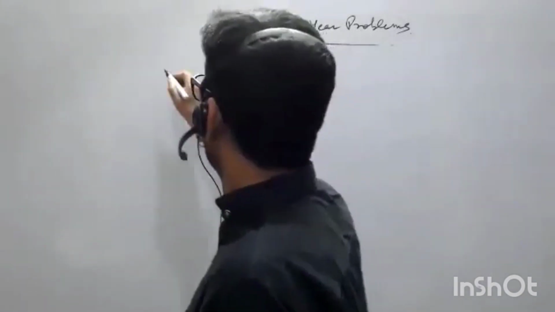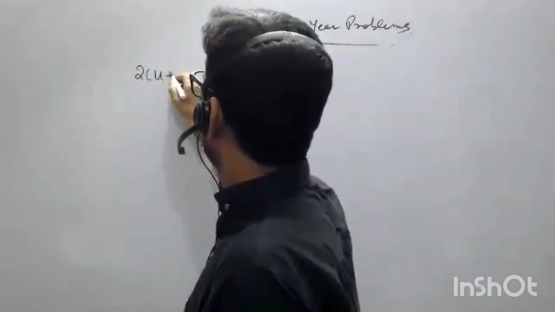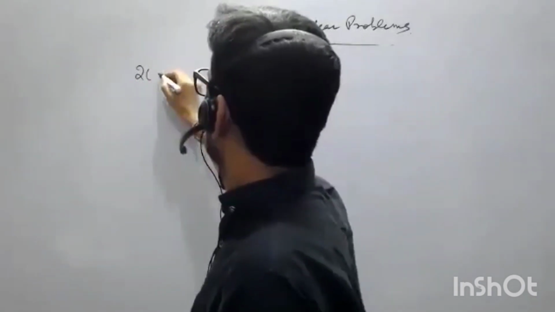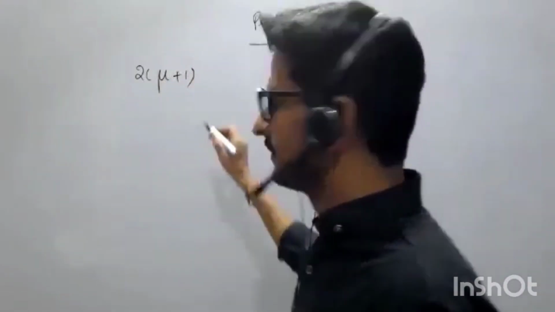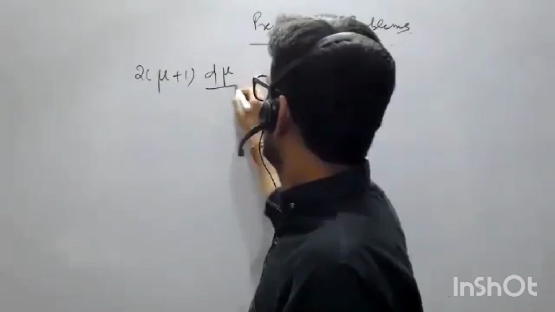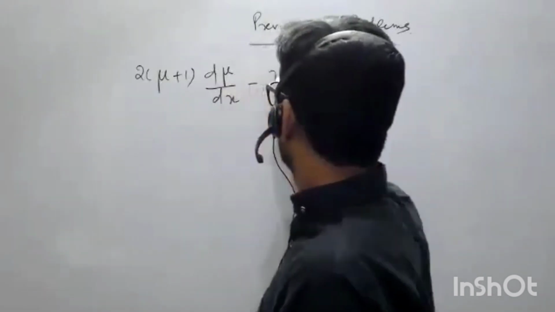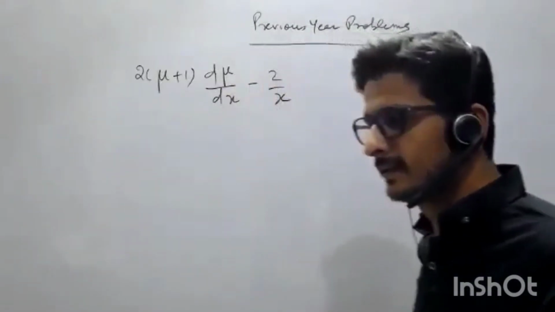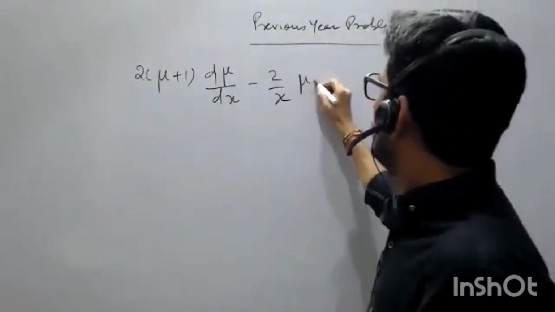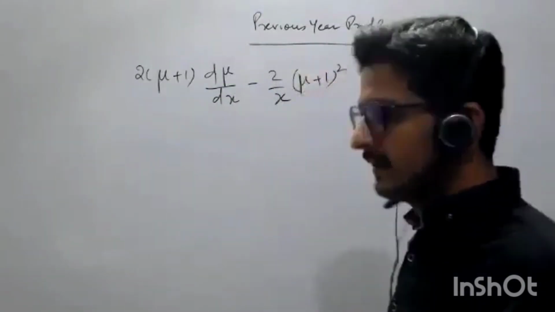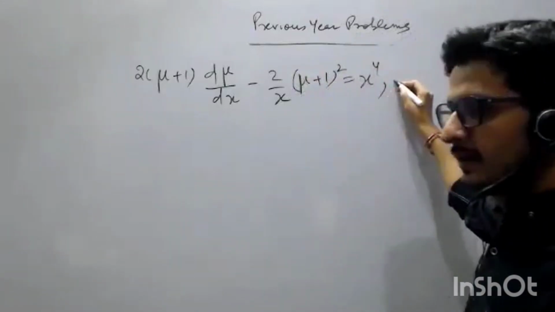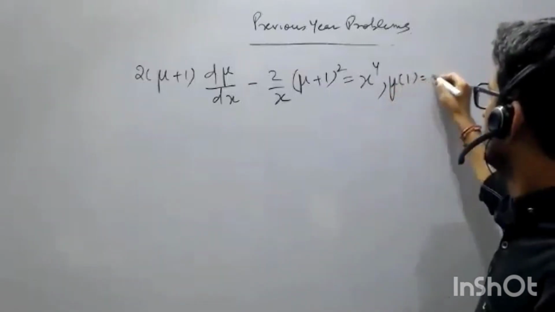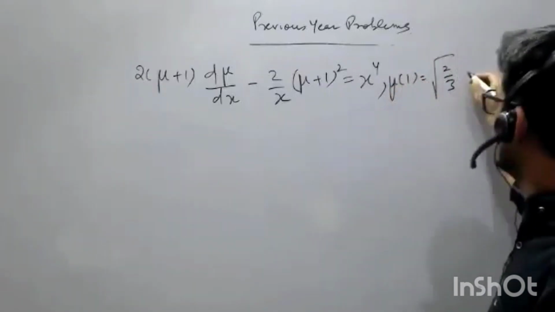So I am taking another question, which is 2 times mu plus 1, d mu by dx minus 2 by x, mu plus 1 square is equal to x to the power 4, and mu of 1 is given as under root 2 by 3 minus 1.